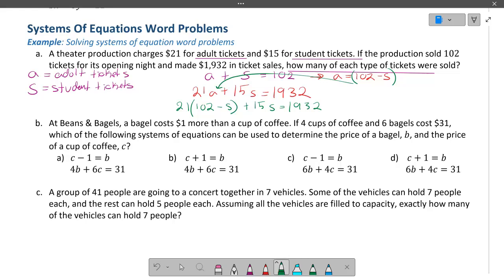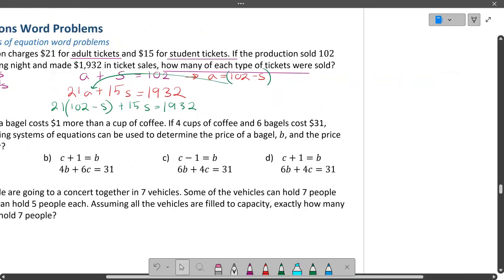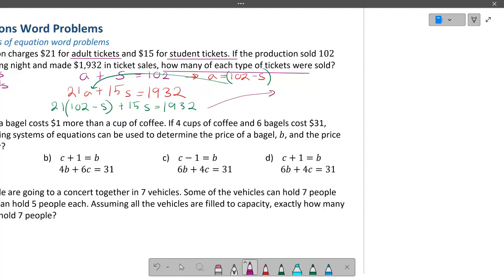Okay. What is 21 times 102? 2142. Okay. Minus 21S plus 15S equals 1932.